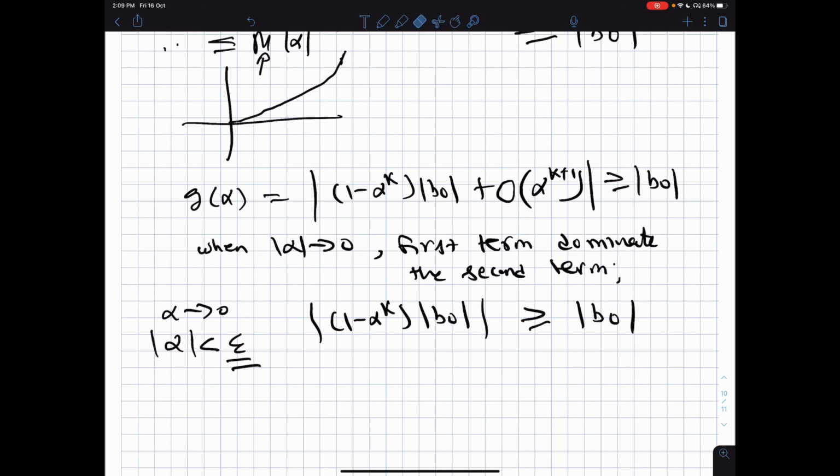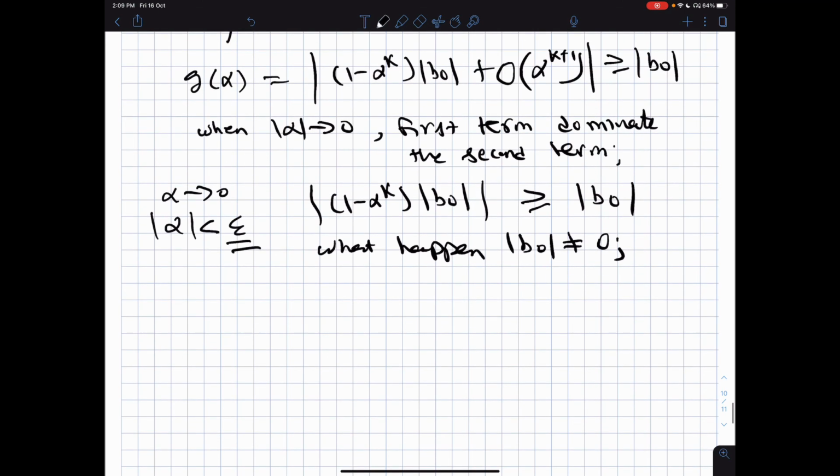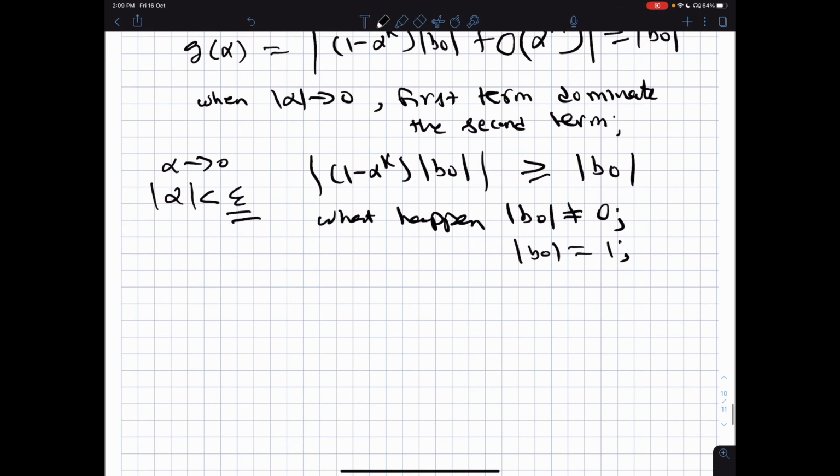Now what happens if mod of b naught is not equal to 0? Let's just for the sake of simplicity say that mod of b naught is 1, for example. Not equal to 0 means it's positive, right?